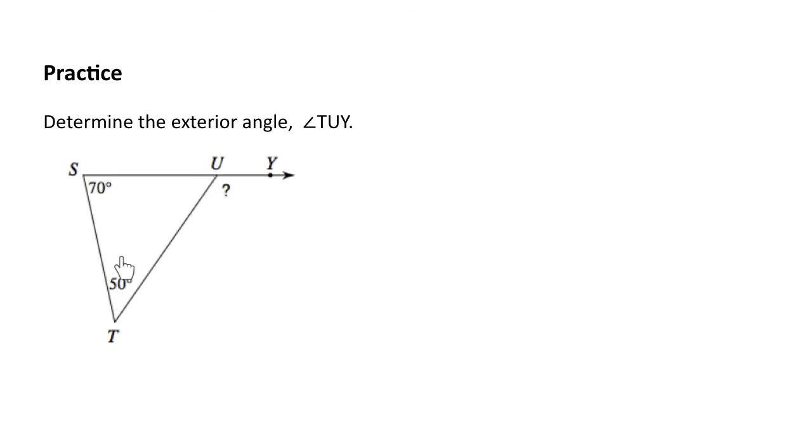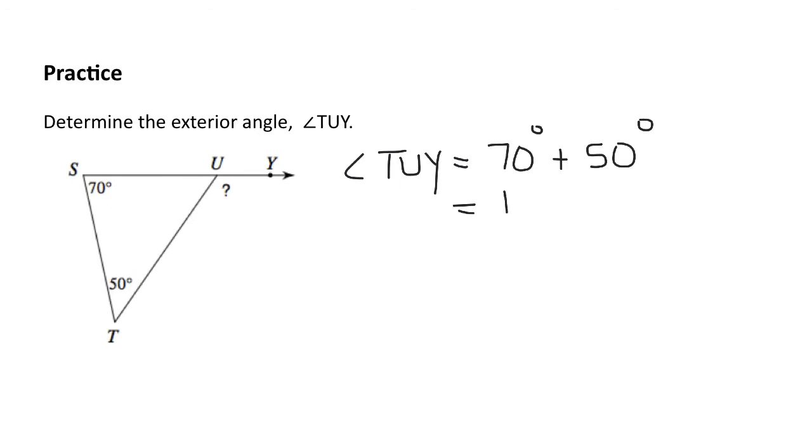So as long as these two interior angles are opposite or across from this exterior angle, then that theorem will apply. So to find angle TUY, we can simply add together 70 degrees plus 50 degrees, which would give us an angle measurement of 120 degrees. So that would be the shorter, quicker method to solve for the angle.